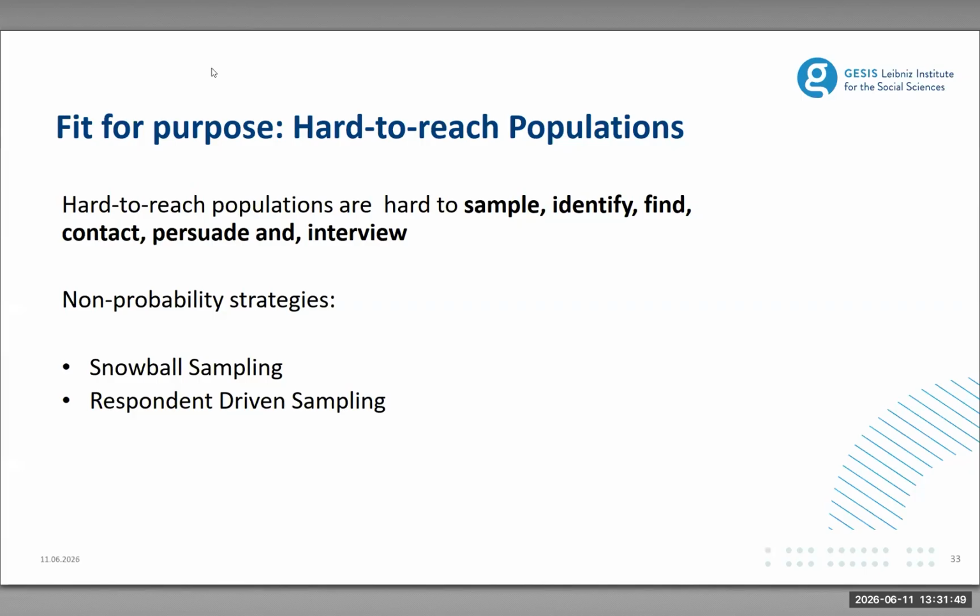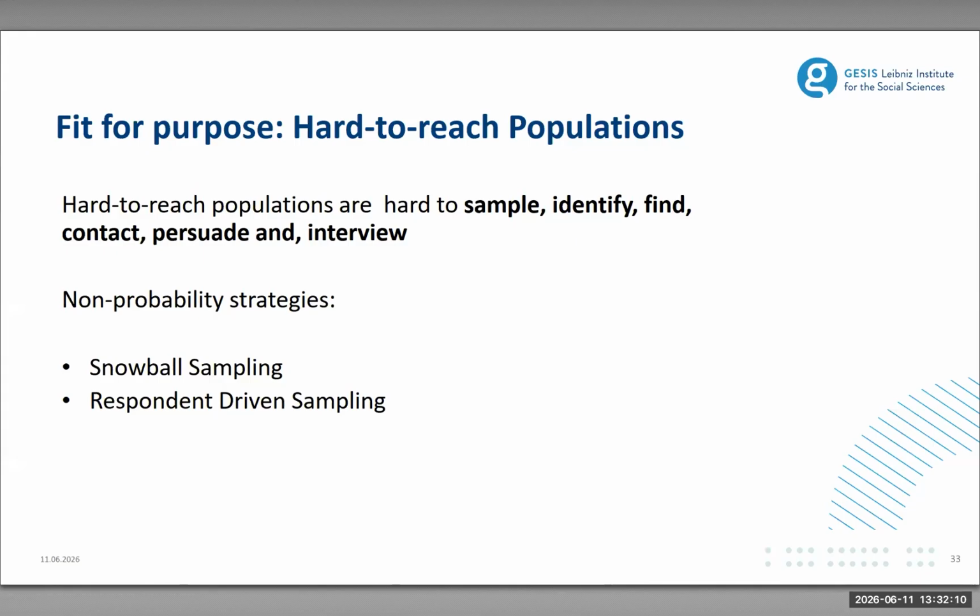And of course, hard to reach populations. We usually don't reach enough of these individuals who are hard to sample, identify, find, contact, persuade, and interview. So we don't have them in probability surveys to a large amount to be able to say anything about them.